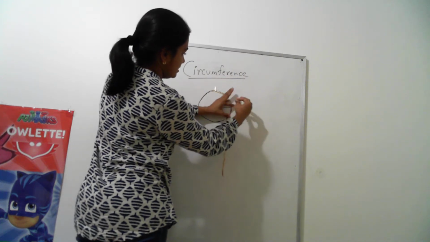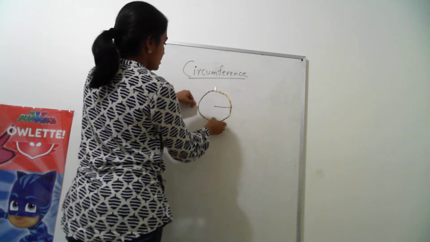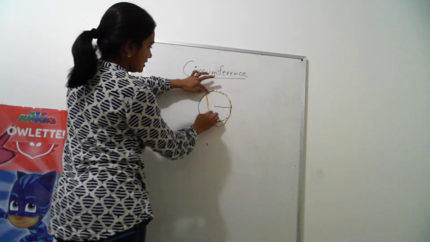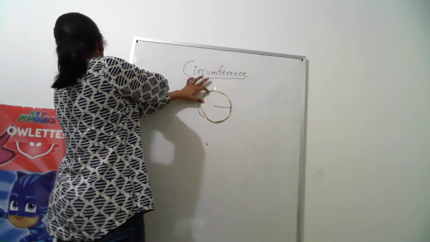Okay, it's a bit tricky, but I hope you understand what I'm trying to do. I'm trying to use a string to exactly find the circumference or perimeter of this circle.